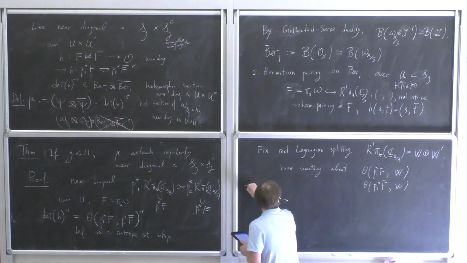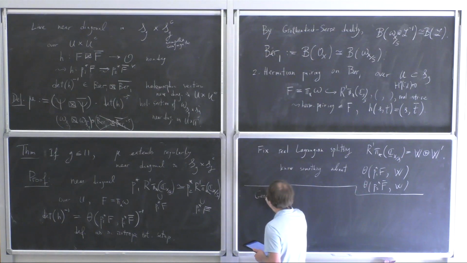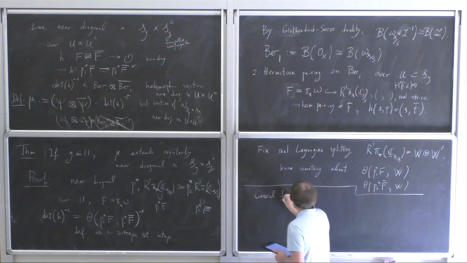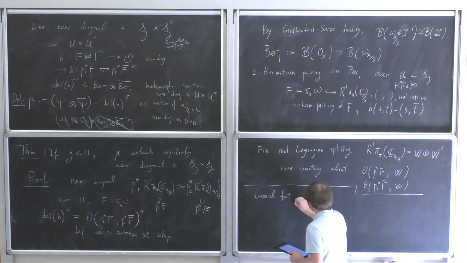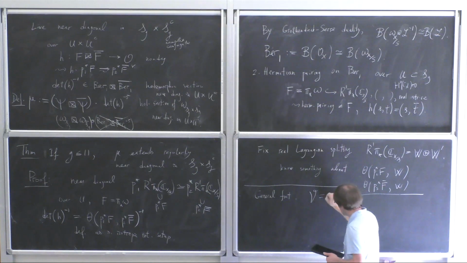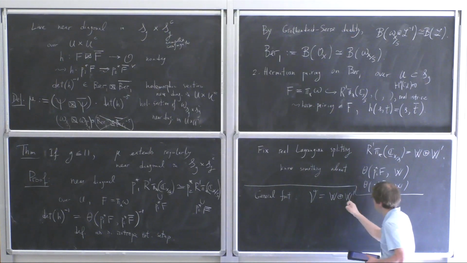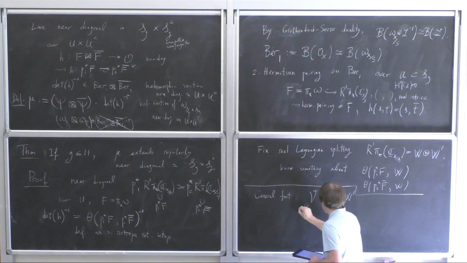Okay, so there is a kind of general fact in this isotropic intersection setup. So if you have this splitting of a super symplectic bundle into Lagrangian halves, and you also have two extra Lagrangians, lambda L1 and L2.